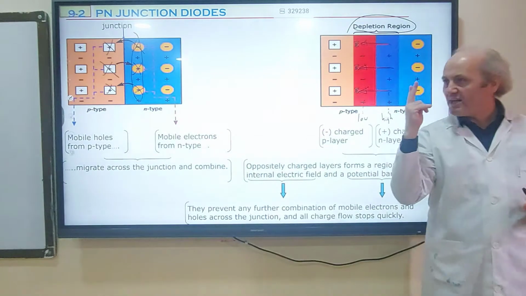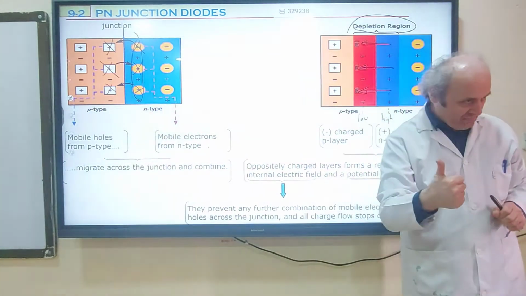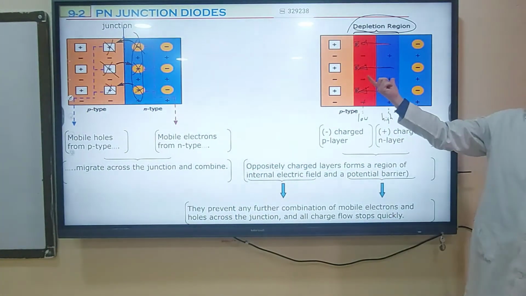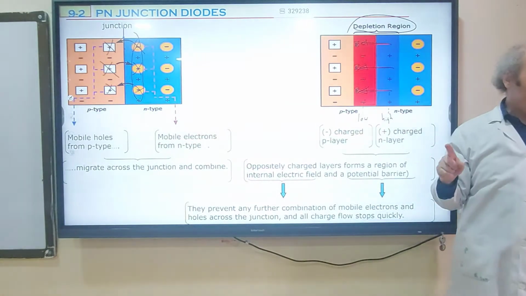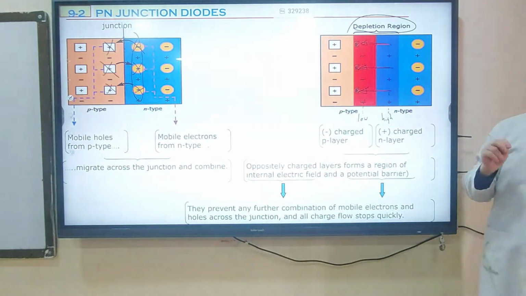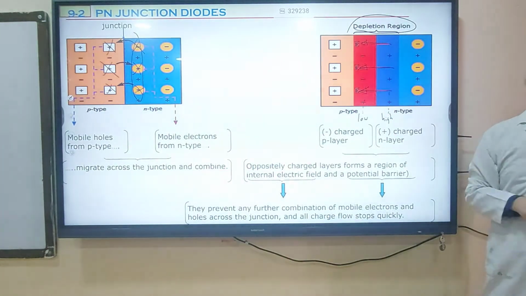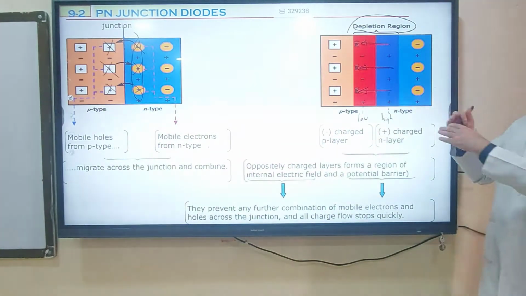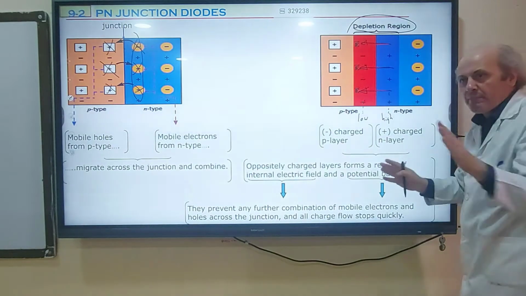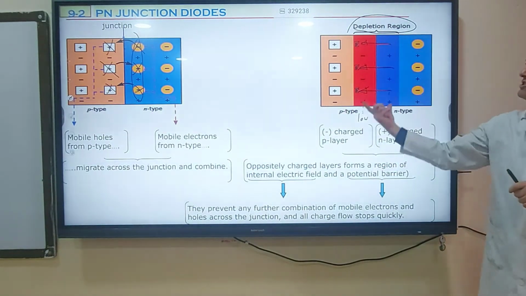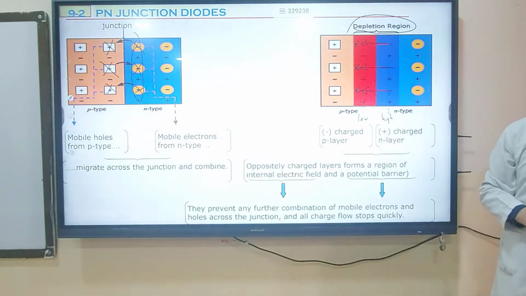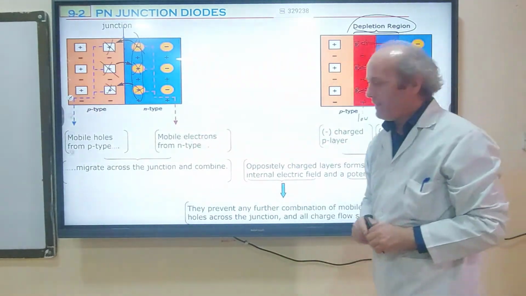So we can explain this in two ways. First, the electric field stops further combination of electrons and holes. Second, the potential difference between these two layers also stops further combination. That's why charge flow stops quickly as soon as this depletion region forms.